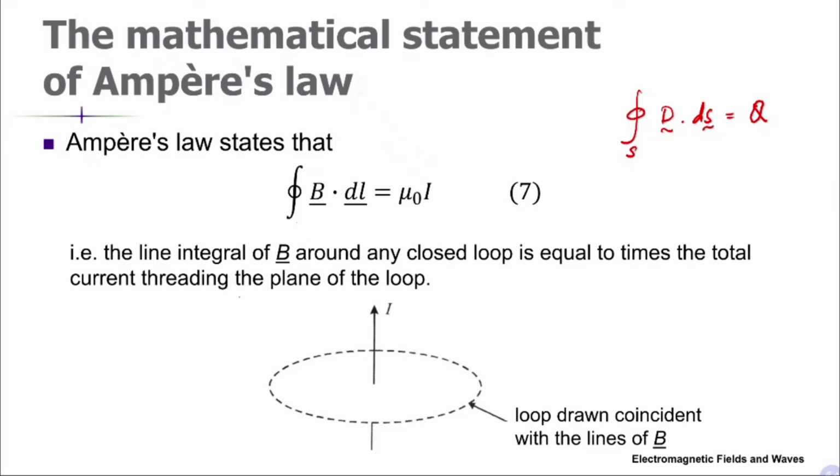Here it is a closed loop integral, which means that if you draw a loop around certain things, then the magnetic flux through that loop will be equal to the currents. So the line integral of the magnetic flux density around any closed loop equals mu naught times the total current threading through the plane of the loop. So that is Ampere's law.